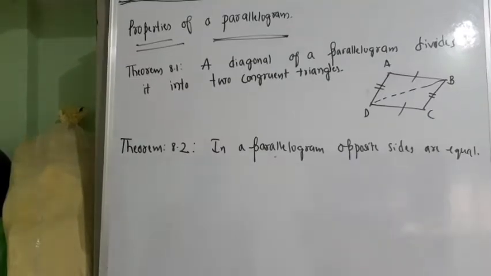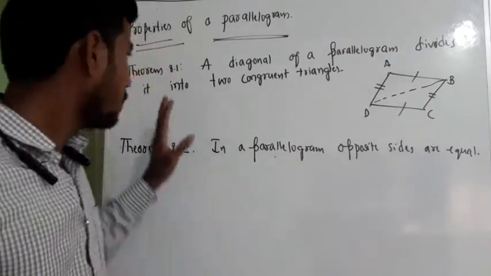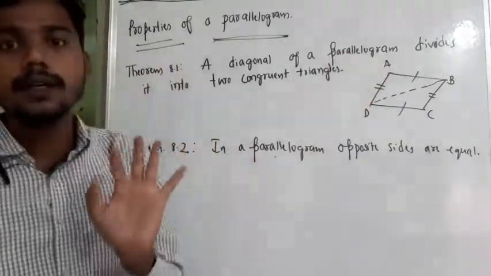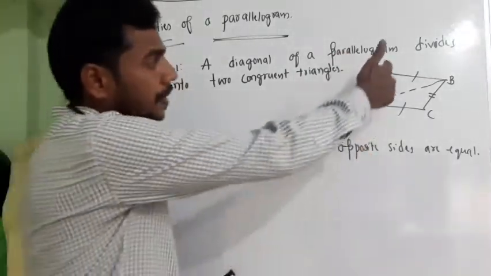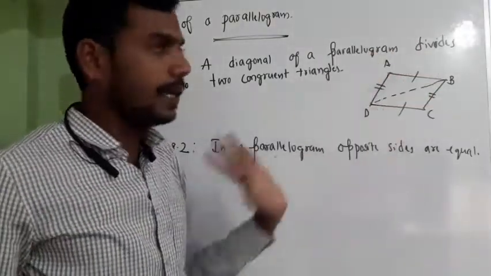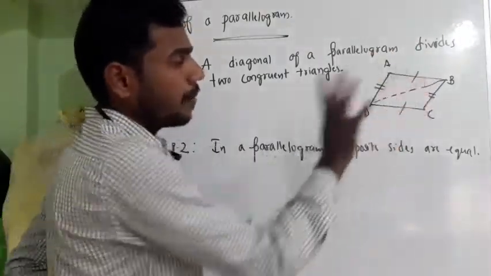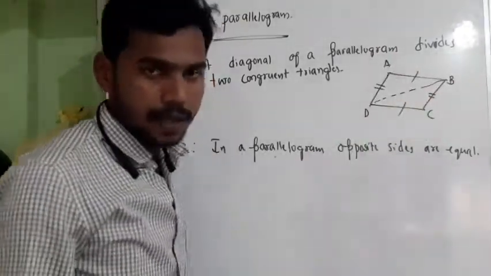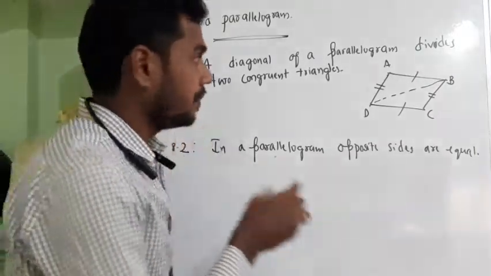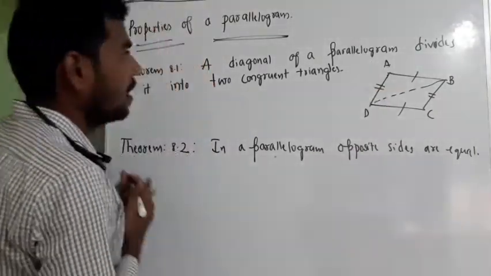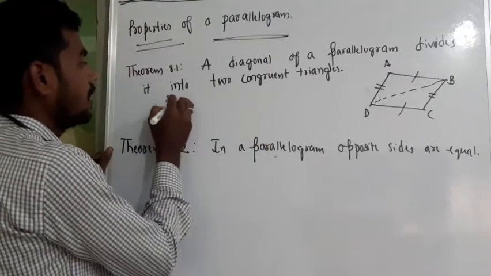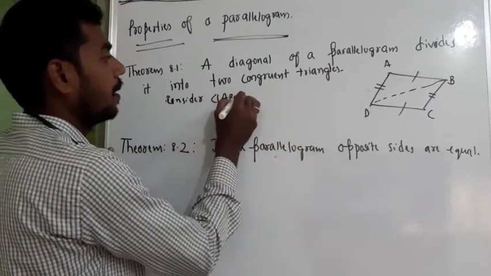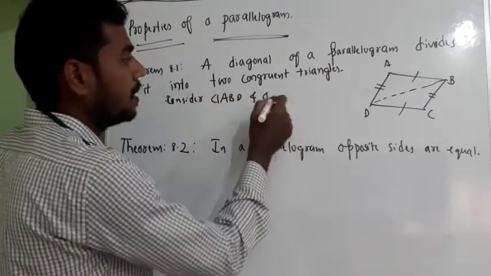Next, properties of a parallelogram. The first property we studied as a theorem: a diagonal of a parallelogram divides it into two congruent triangles. If I take a parallelogram ABCD, opposite sides of a parallelogram will be equal. AB is equal to CD and AD is equal to BC. How will they be congruent? Consider triangle ABD and triangle BCD.